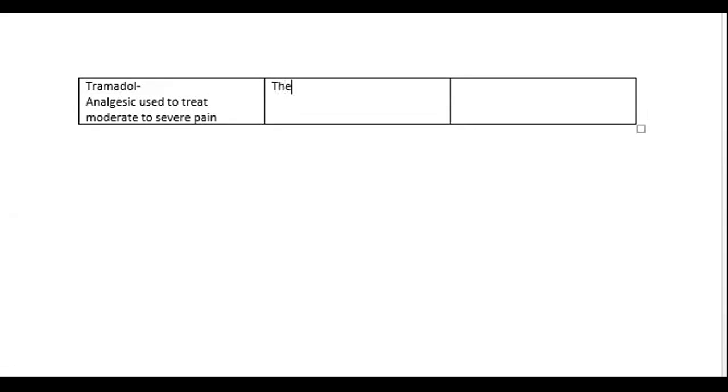Let us discuss in detail about this CYP2D6 enzyme once. The CYP2D6 enzyme metabolizes a quarter of the prescribed drugs, like as we discussed, tamoxifen, and it also metabolizes tramadol.